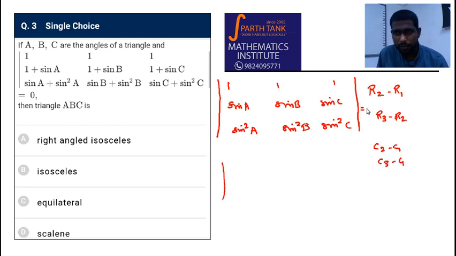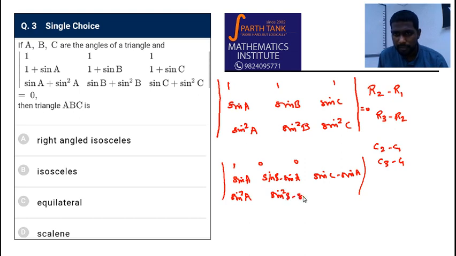Remember, this determinant is 0, as given. 1, 0, 0; sin A, and here I have sin B minus sin A, and here sin C minus sin A. And the same way, this is sin squared A, here sin squared B minus sin squared A, and then sin squared C minus sin squared A.